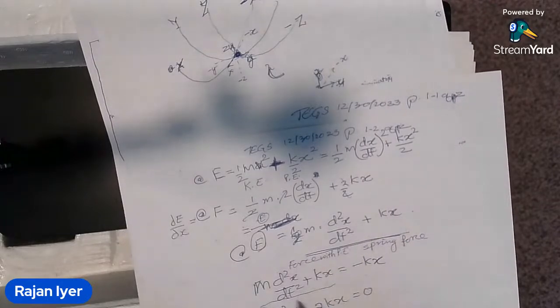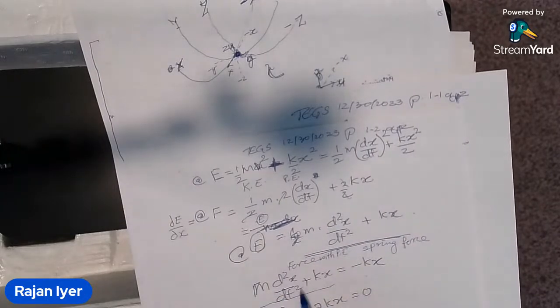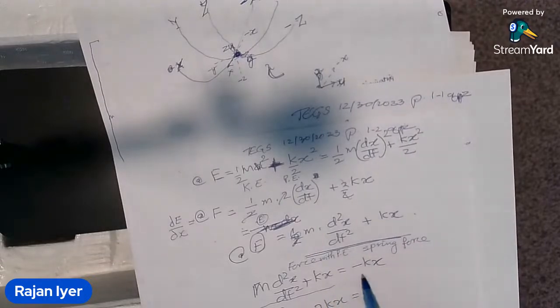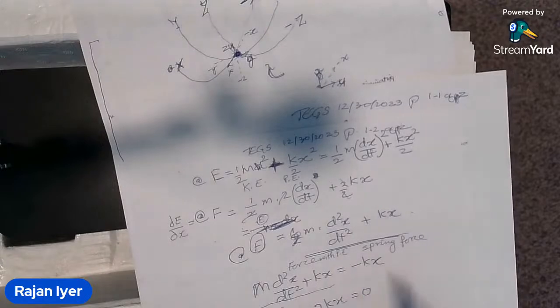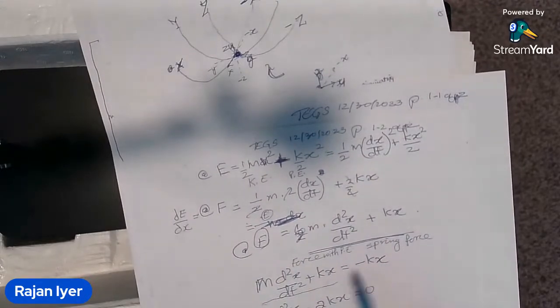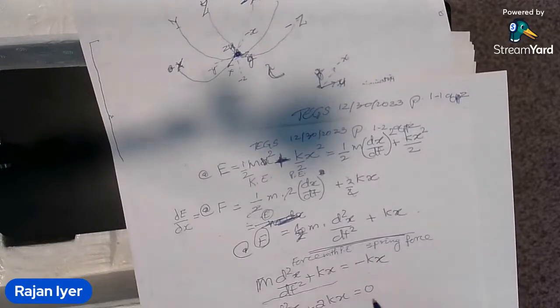So these two terms, now we can equate m d squared x by dt squared plus kx, that's with the potential, and that's equal to minus kx. Then we transpose it here, plus minus kx becomes 2kx, right?